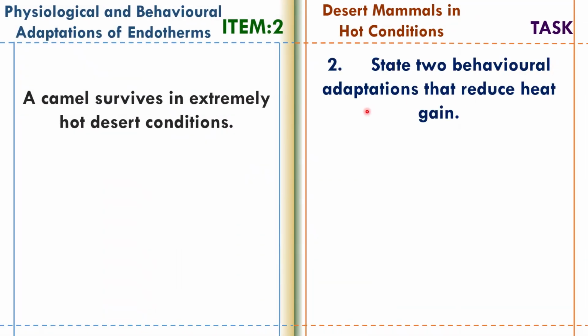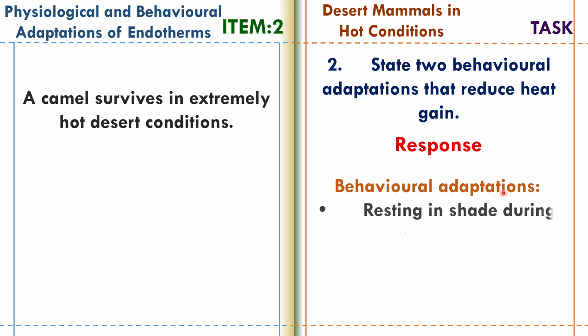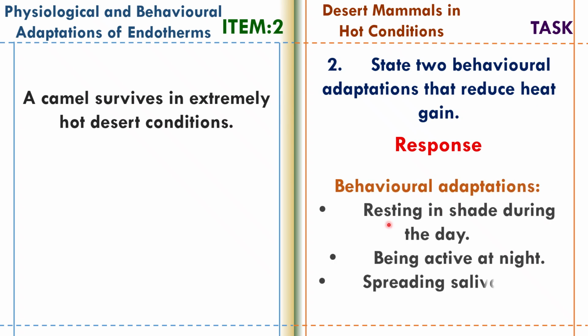State 2 behavioral adaptations that reduce heat gain. Behavioral adaptations include resting in the shade during the day, being active at night, and spreading saliva on the body.